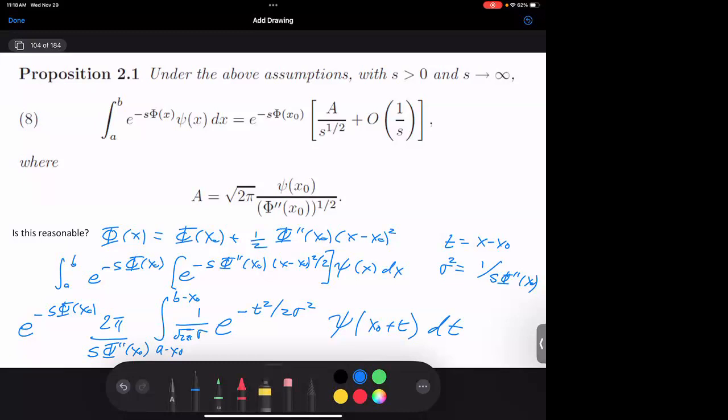And if you look at what's going on now, this looks a lot like a Gaussian. I have this c of x naught plus t, right? But if you look at this Gaussian, the question is, have I normalized things correctly?